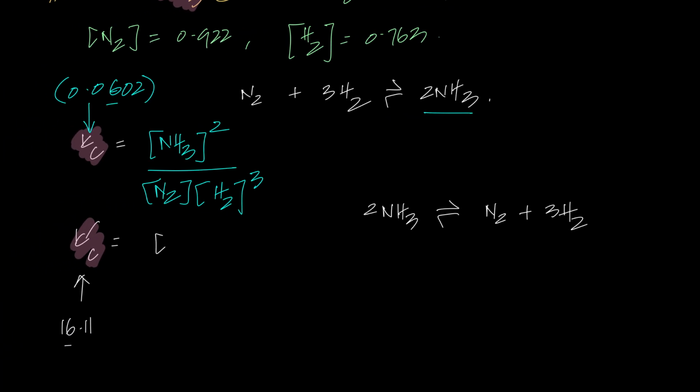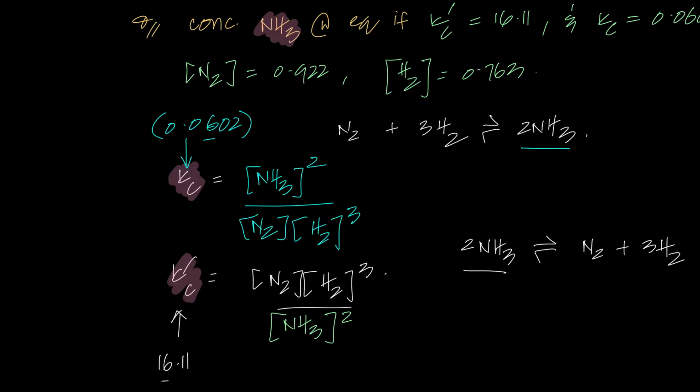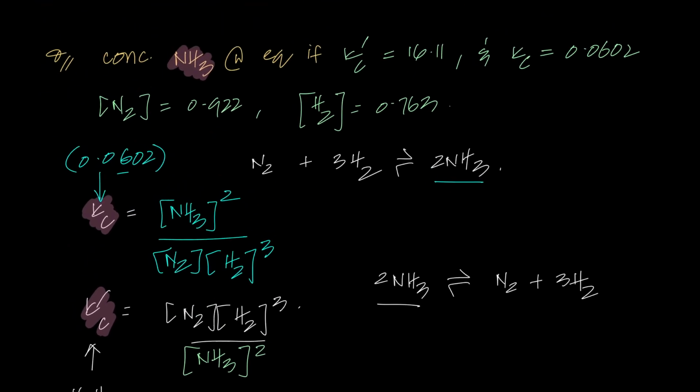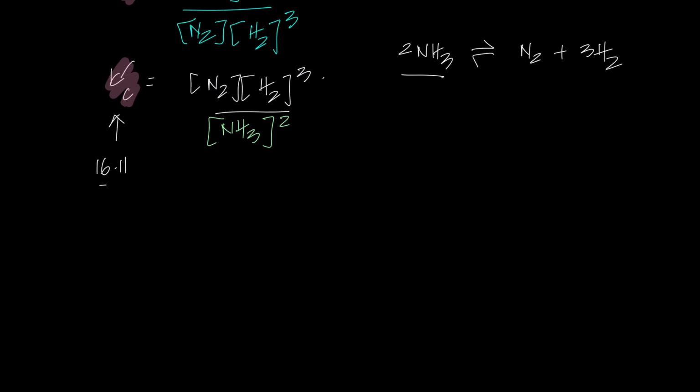The expression would then be N2 times H2 raised to the power 3, divided by the reactant side, NH3, all concentrations at equilibrium. Whichever method you use, you'll get the same answer for the concentration of ammonia, and you can try it out at home.